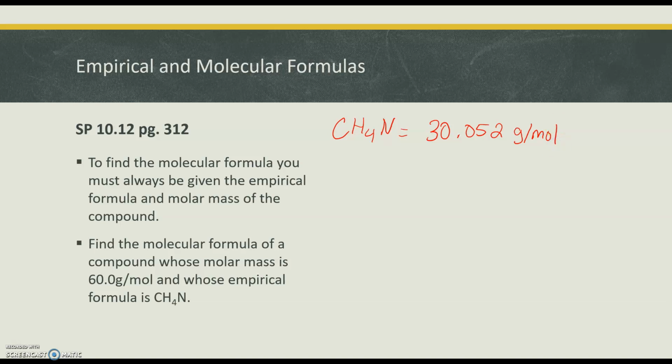What we're going to do is divide the given molar mass that they give us, our 60.0 grams per mole, by this molar mass of our empirical formula.